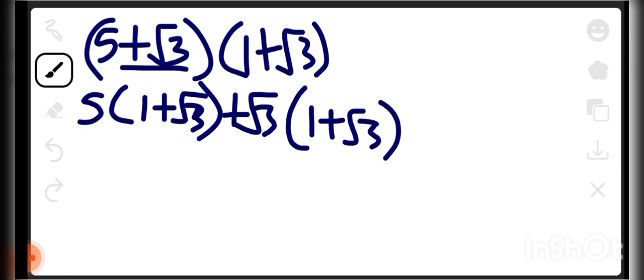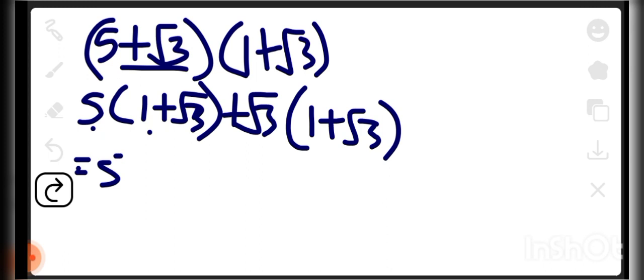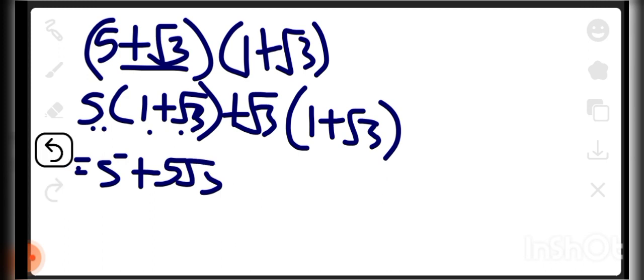Next you open the bracket. 5 times 1 is 5. 5 times root 3 is 5 root 3. Then root 3 times 1 is 1 root 3, which is simply root 3.